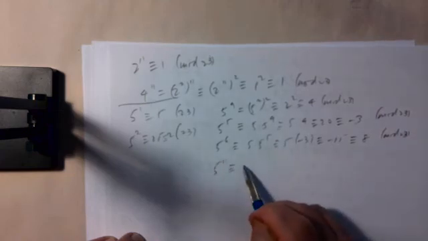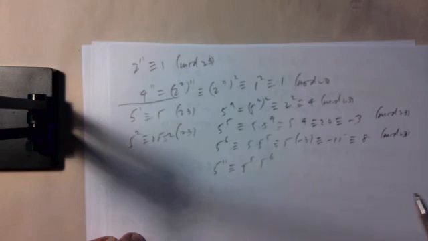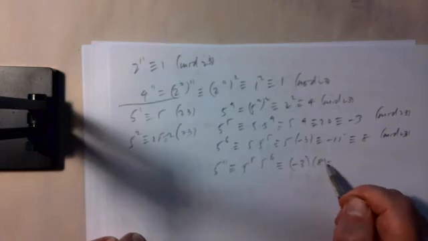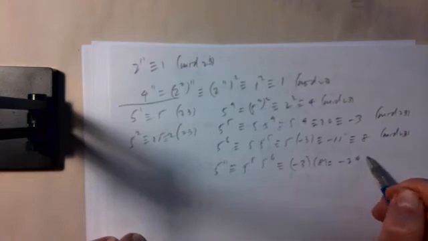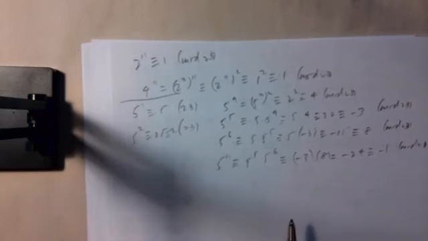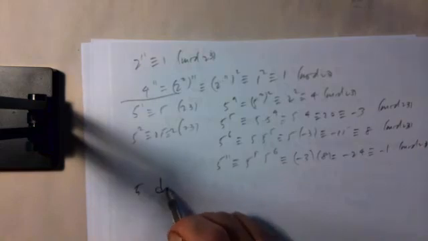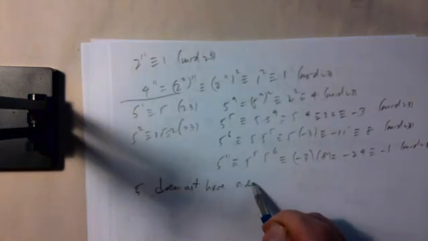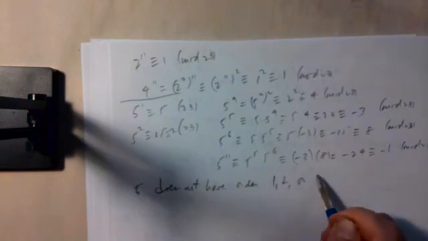5 to the 11th is 5 to the 5th times 5 to the 6th. That's minus 3 times 8, which is minus 24, which is minus 1 mod 23. So 5 does not have order 1, 2, or 11.